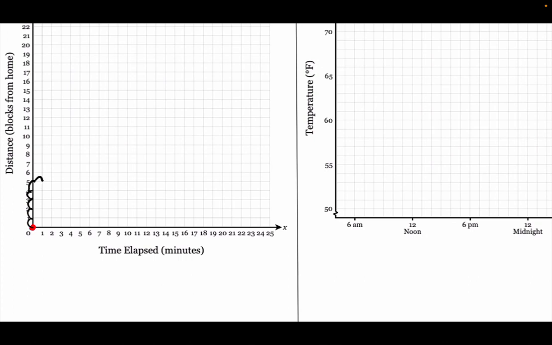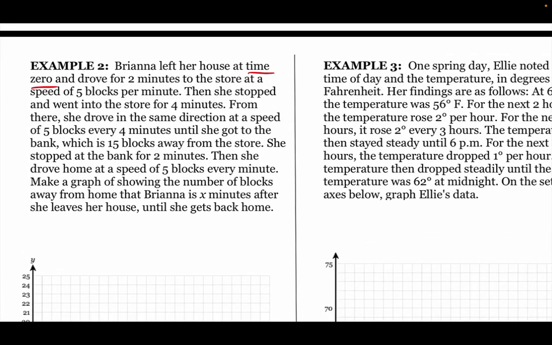And then over 1 because it takes a minute. She does that for 2 minutes. Now I'm at 2 minutes. She's 10 blocks away from home. Okay. All right, let's keep going.